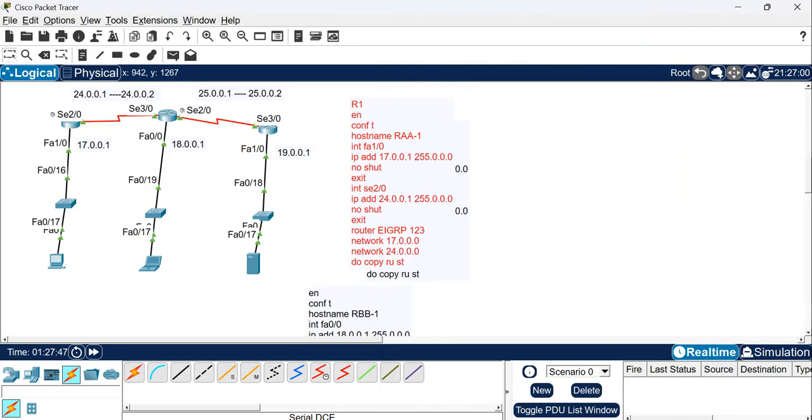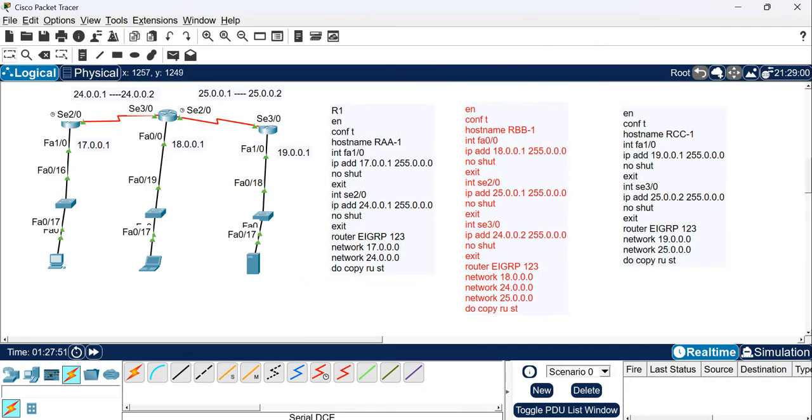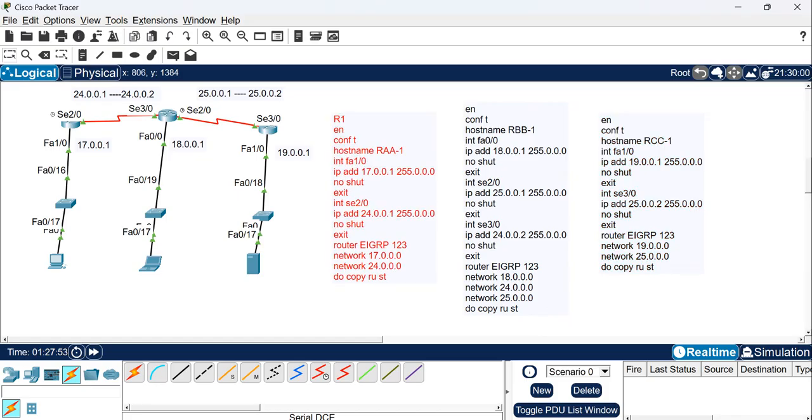So this is for router 1, this is for router B and router C, and this is your EIGRP configuration.